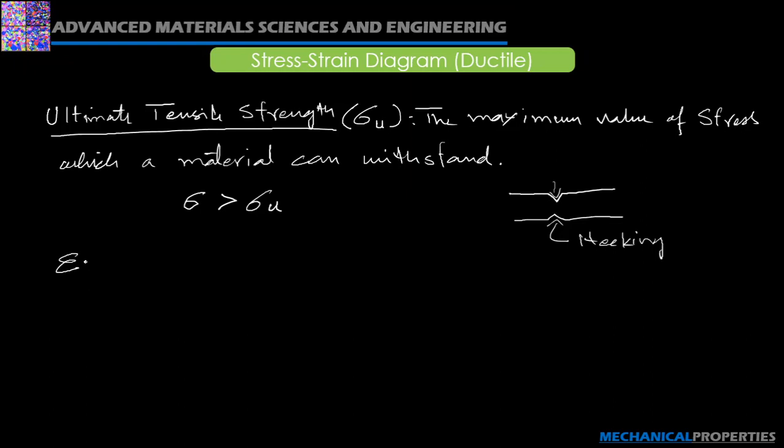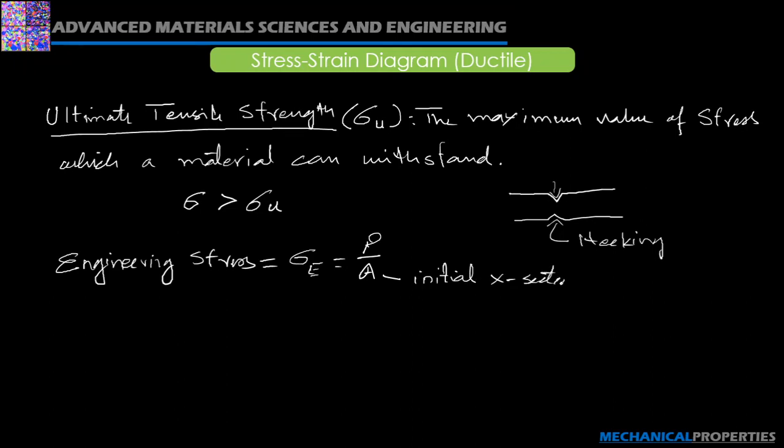Now engineering stress is denoted by sigma E. This calculation of the stress uses the initial cross section of the specimen, that is P upon A. So for engineering stress, this is calculated using the initial cross sectional area of the specimen.